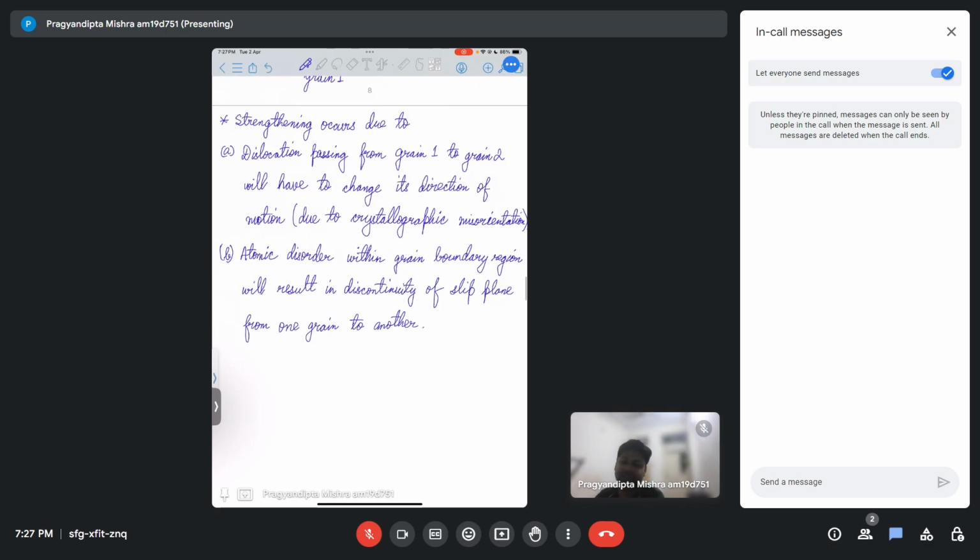Okay. So these are the two reasons why strengthening will occur.